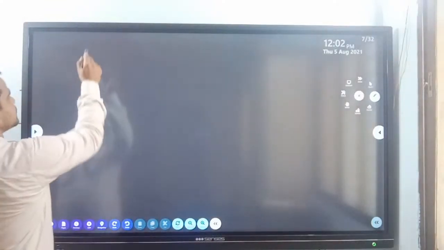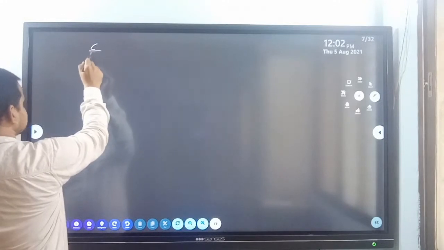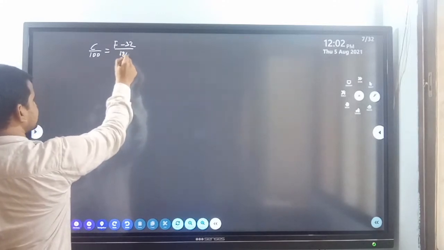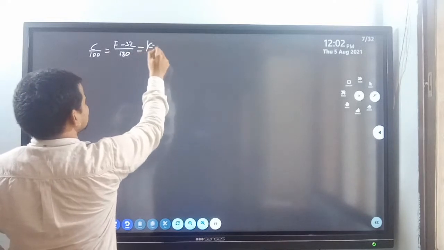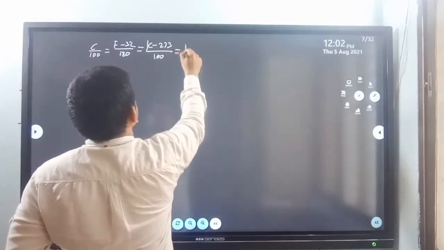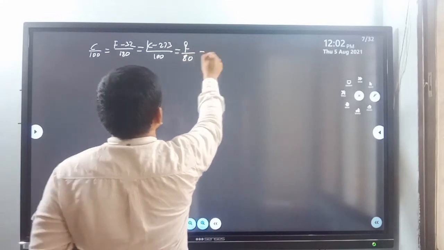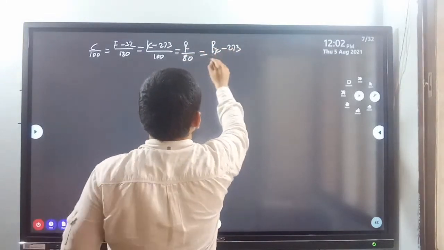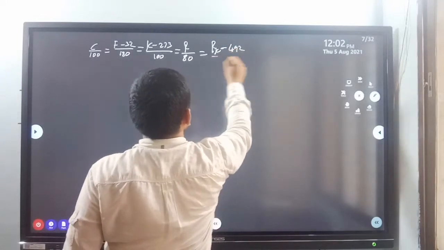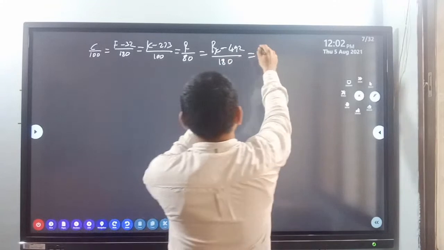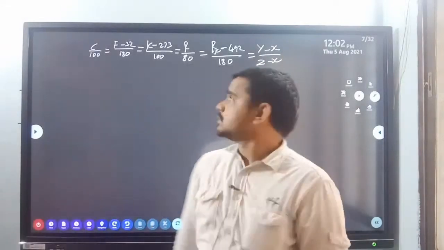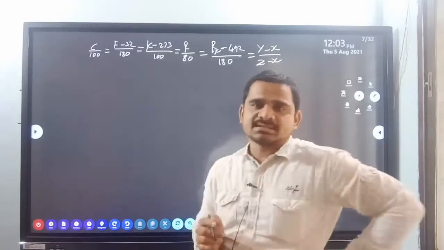From that information, we have derived one relation: (C minus 0) by 100, that is C by 100, is equal to (F minus 32) by 180, which is (F minus 32) by 9 in ratio form, and next (K minus 273) by 100, and next R minus 0 by 80, and next (R minus 492) by 180, is equal to the general scale (Y minus X) by (Z minus X), correct?